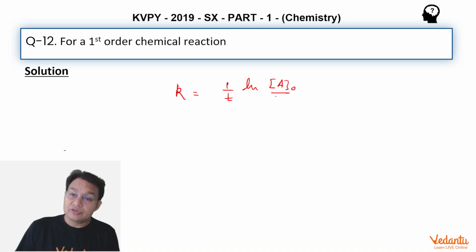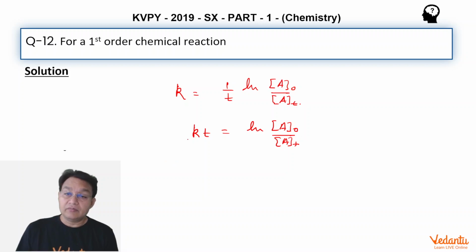If you have any doubts, just recall, you can write it like this, which means that kt is equal to ln of A naught upon At, where A naught is the initial concentration, At is the concentration at time t, and by rearranging, e to the power kt is equal to A naught upon At.